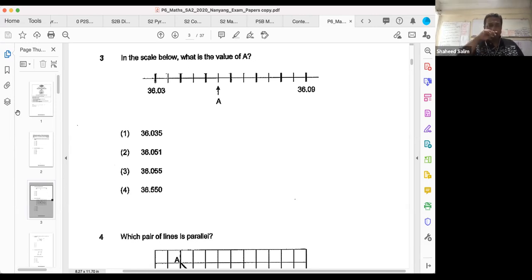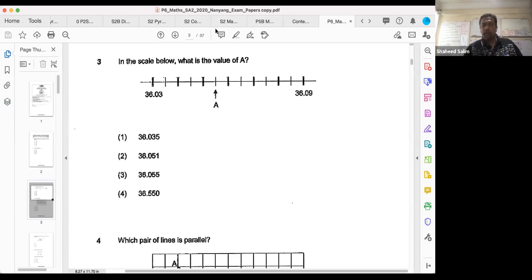Number 1. Okay, let us see. Let's say we put a 0 here. Okay, put a 0 here. Down here we add, put a 0 down here. So it's like 36,030. So it's on 36,090.